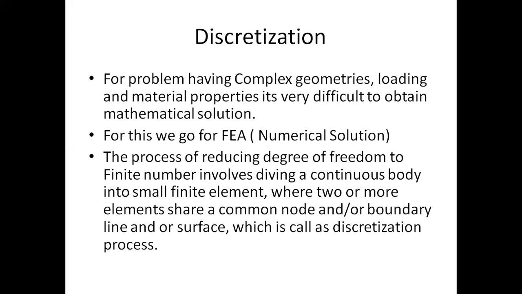Two elements sharing a common node, common boundary condition, or line or surface is called the discretization process. Discretization is a process to convert the whole body into a number of small elements.